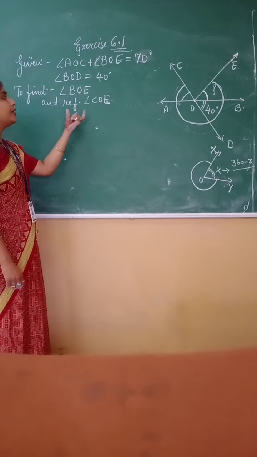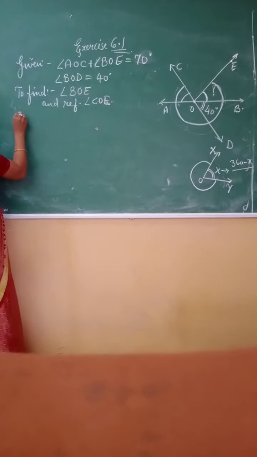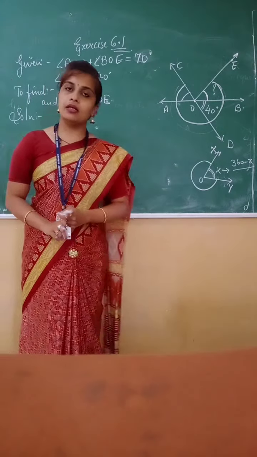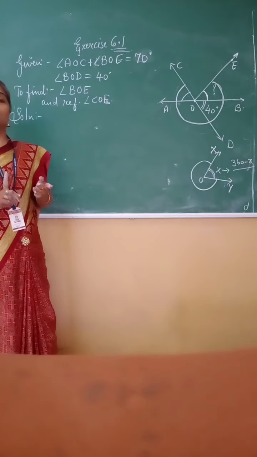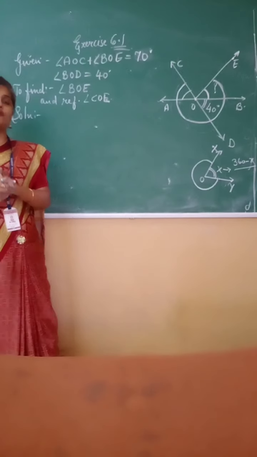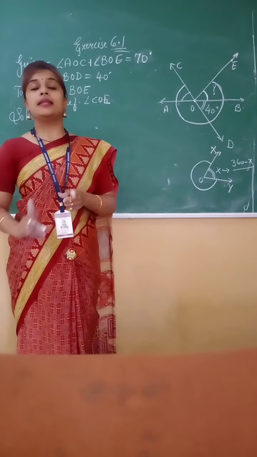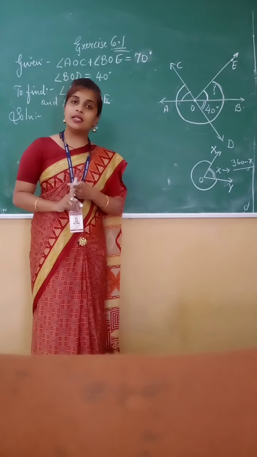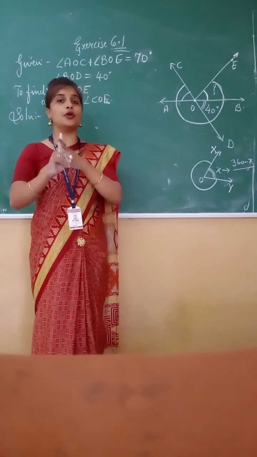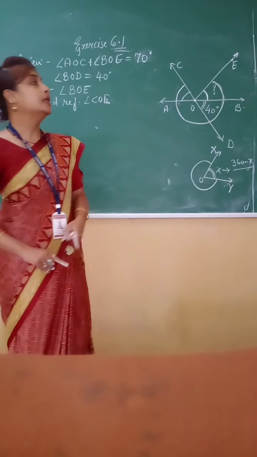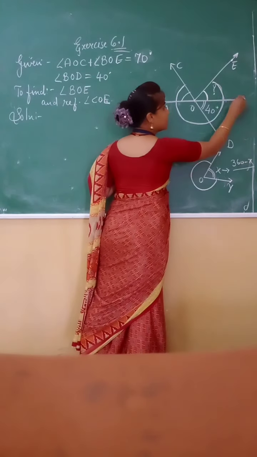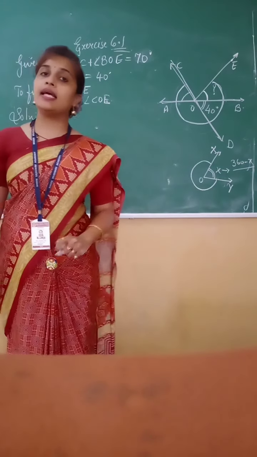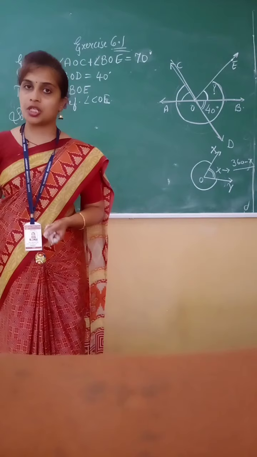Now the same thing we have to do here. Angle BOE and reflex angle COE. Now how can you solve it? Any idea to anyone how you can solve? For solving it, first of all, we will check here that the lines which are intersecting with each other, whether we are finding any vertically opposite angle over there. हमें यहाँ पता है ये दोनों लाइन्स आपस में इंटरसेक्ट कर रही हैं, तो क्या आपस में इंटरसेक्ट करने वाली लाइन्स के एंगल्स के बीच में कोई रिलेशन है?